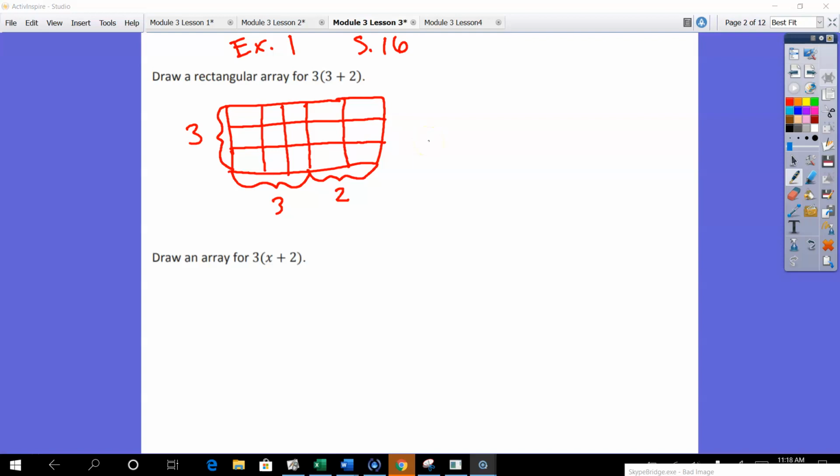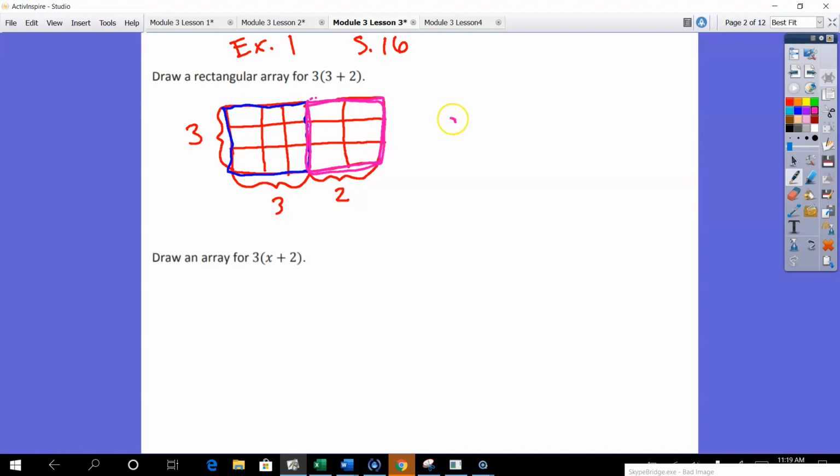So we have 3 times 3, so there would be 9 within this section here. Just like you find area, 3 times 3 would be 9. And then in this area over here, we would have 3 times 2, which would give us 6.